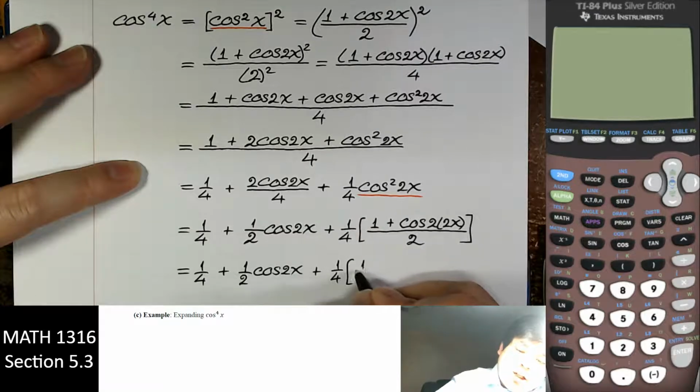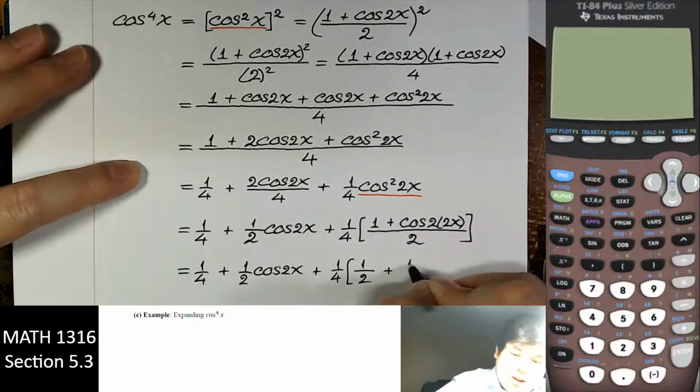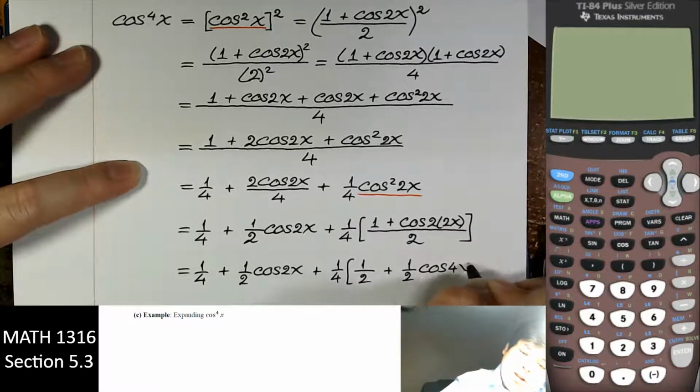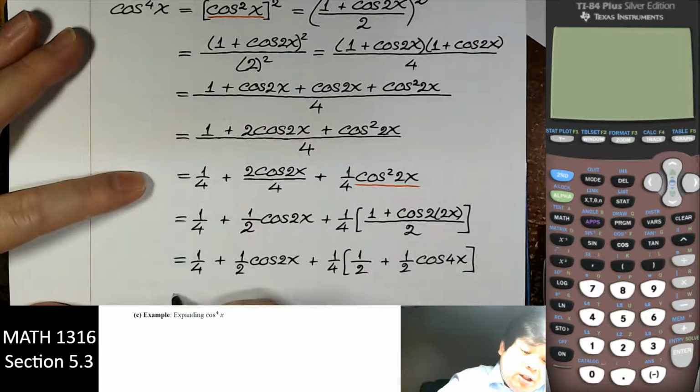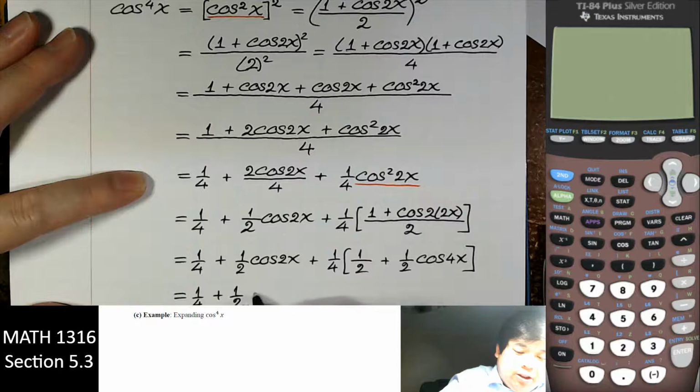I will split this in 2. Multiply it out. 1/4 plus 1/2 cosine 2x.